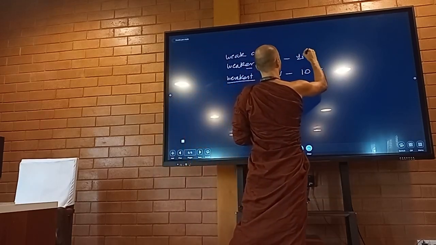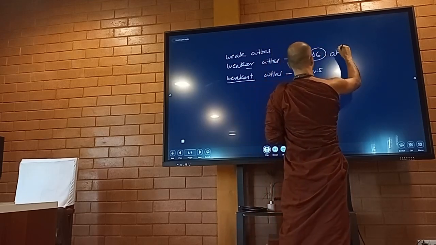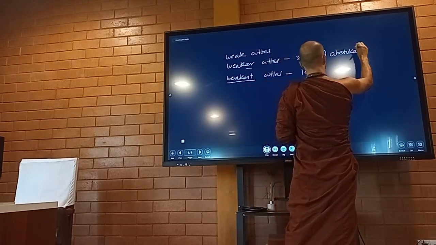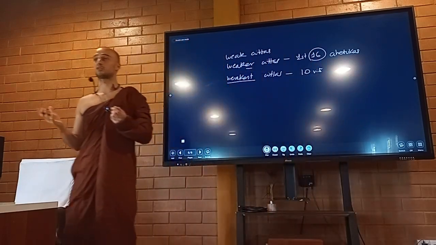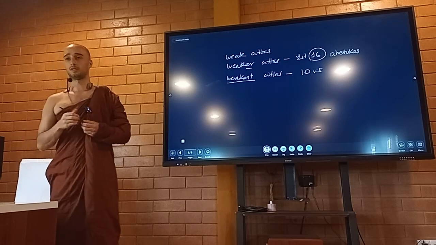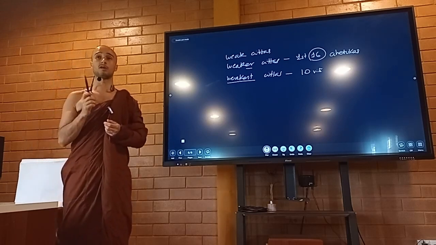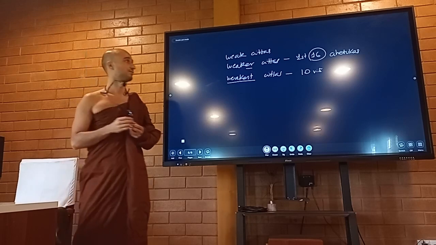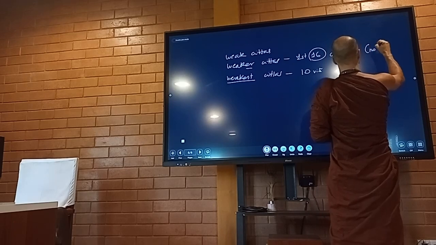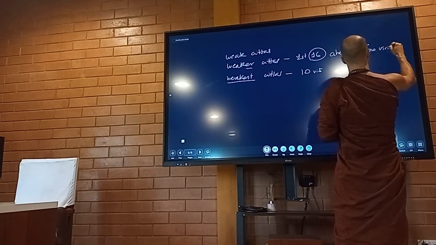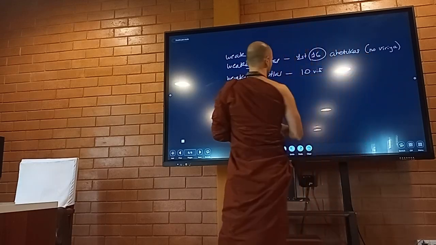Remember this number, the first 16 ahetukas. Ahetuka cittas tend to be weak already, right? Because no hetu. But the first 16 are especially weak because they have no virya. That makes them particularly weak.